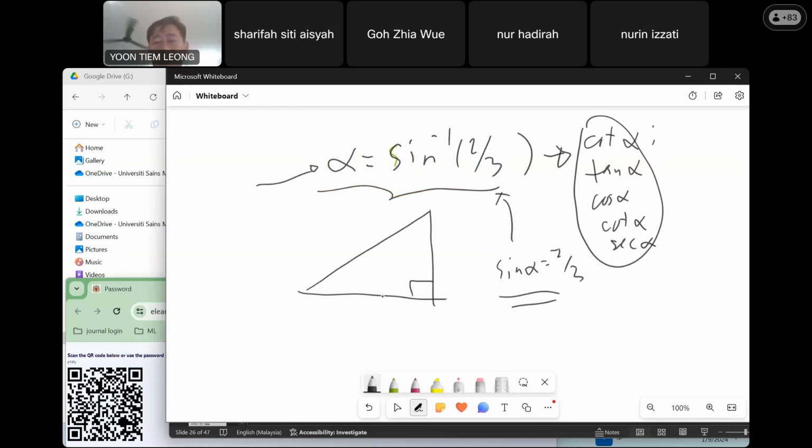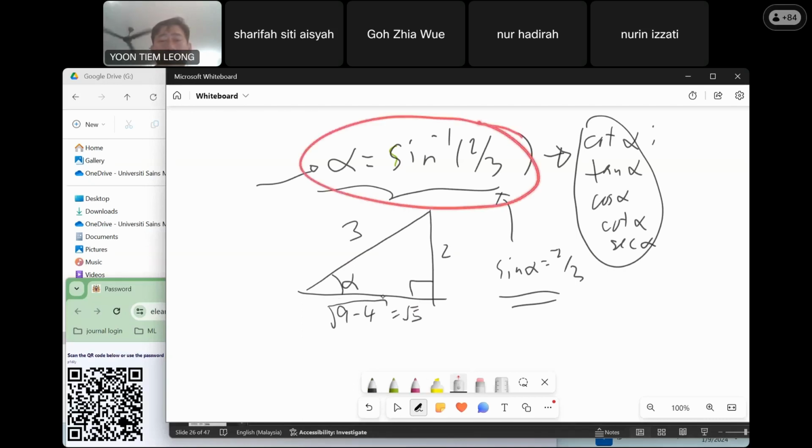So you label the angle here and then you label this as 2 and this as 3, because the definition of the sine function is opposite over hypotenuse. Once you have labeled that, the adjacent side would be the square root of 9 minus 4, which is square root of 5.